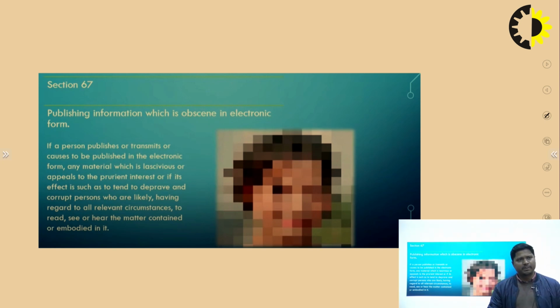If a person publishes or transmits or causes to be published in electronic form any material which is lascivious or appeals to the prurient interest, or if its effect is such as to tend to deprave and corrupt persons who are likely, having regard to all relevant circumstances, to read, see or hear the matter contained or embodied in it, this type of activity is handled in Section 67.